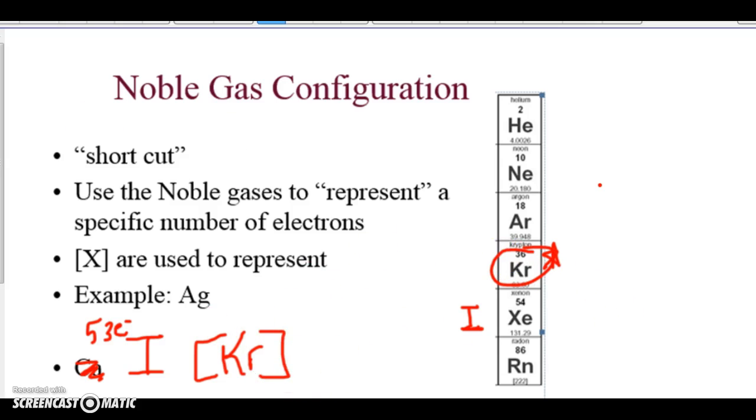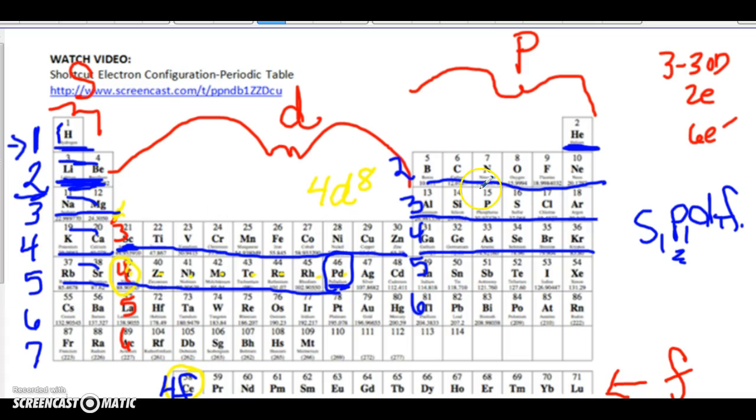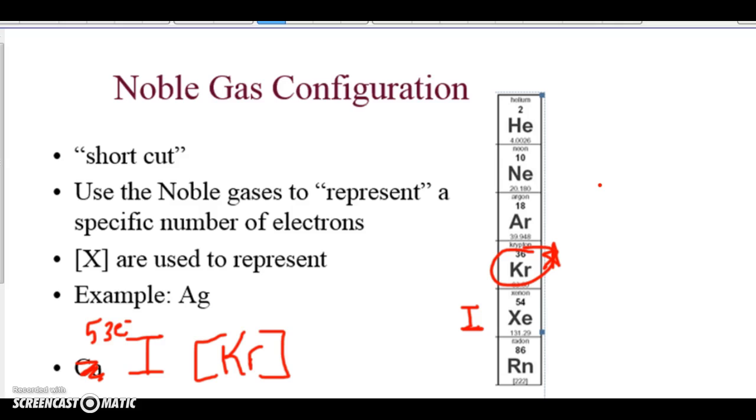This is where that shortcut for the periodic table comes into play. Because look here, here's krypton. To figure out where we start, it's very easy. We're at 5s. So we'll go 5s2, 4d10, 5p5.